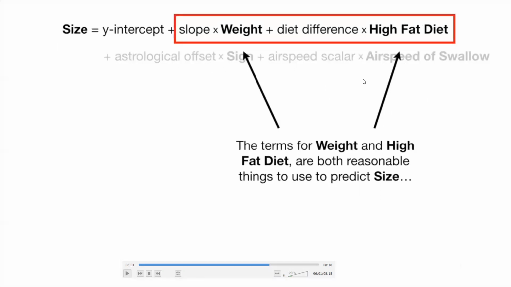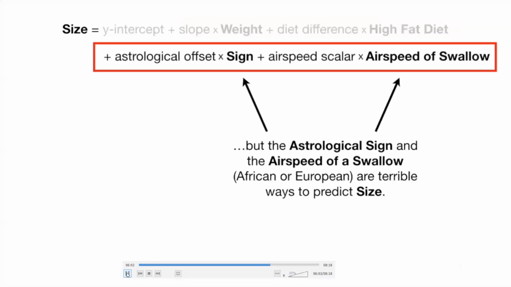These two variables don't seem to have such a good relationship with the size of the animal. Technically, I should get a higher value of slope and diet difference and a lower value of astrological offset and airspeed scalar.